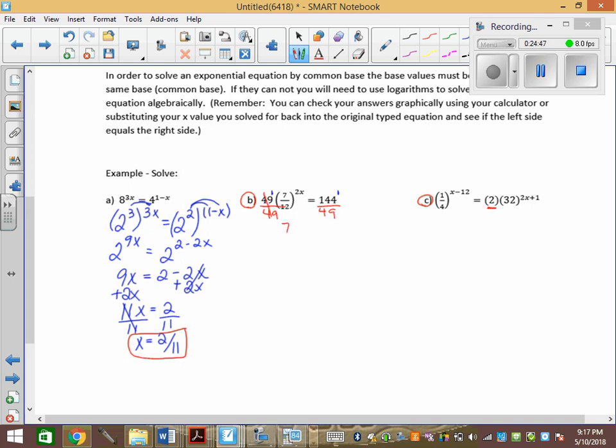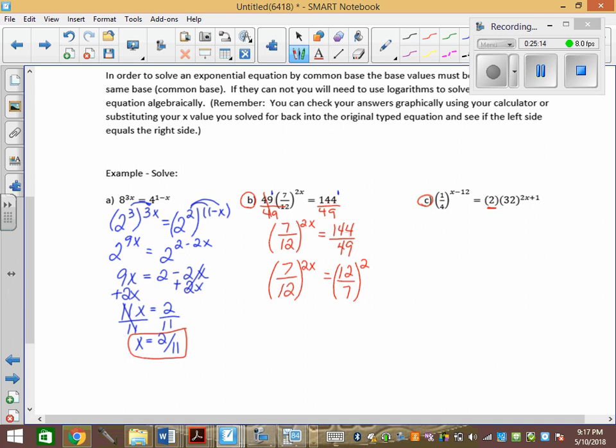So I can divide the 49 over. So now I have 7 over 12 to the 2x equals 144 over 49. Now I know myself that 144 is 12 squared, and I know 49 is 7 squared. So this would actually be 7 over 12 to the 2x equals 12 over 7 to the 2.